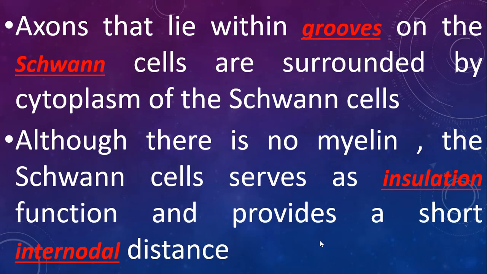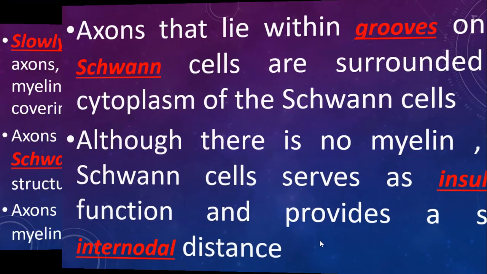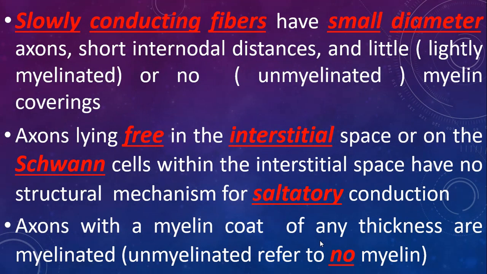Axons that lie within a groove on the Schwann cells are surrounded by cytoplasm of the Schwann cells. Although there is no myelin, the Schwann cell serves an insulation function and provides a short internodal distance. Slowly conducting fibers have small diameter axons, short internodal distance, and little or no myelin covering.